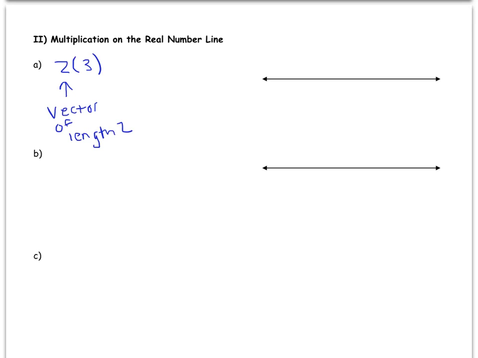And multiplying it by 3, we know that means to basically add 2 three times. Or another way to view it is that we're scaling our vector 3 times.